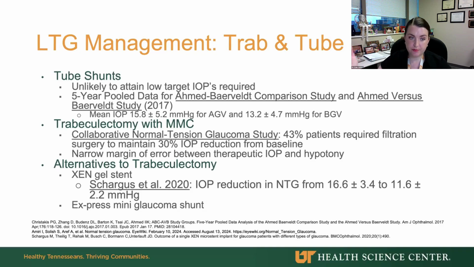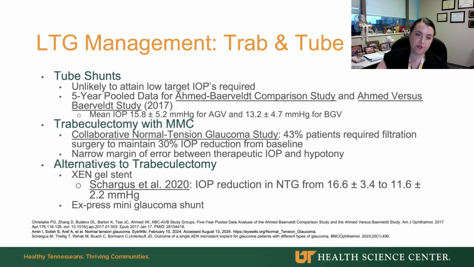However, with this trab, there is a very narrow margin of error between what is considered therapeutic intraocular pressure and hypotony. If you've got a patient coming in again, pressure 15, you need to lower that 30%, so to 10. What's that line between therapeutic pressure and clinically significant hypotony? It's pretty narrow, anywhere between 5 to 10, 8 to 10. That's a pretty narrow window.